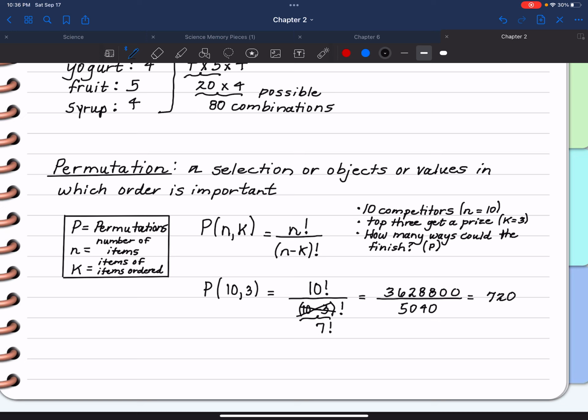So there are 720 permutations or ways that these students could finish. So P is 720. Now there has to be a way that this calculator will do permutations.